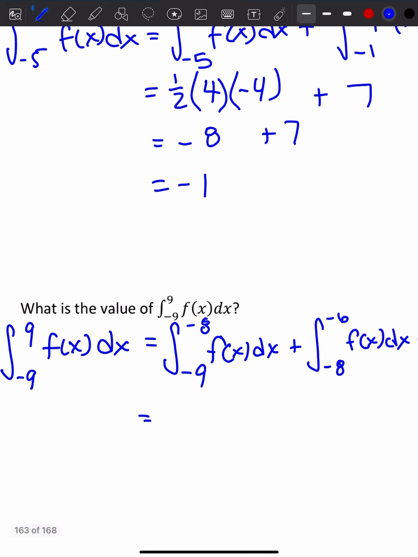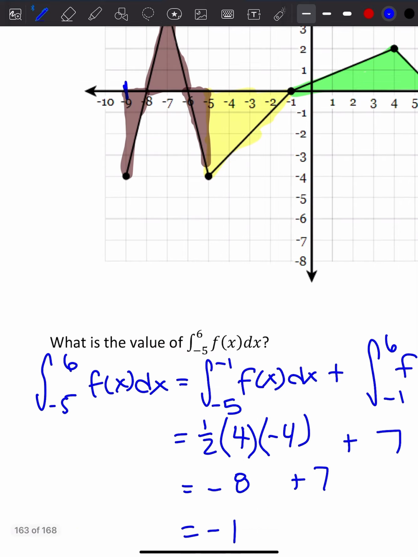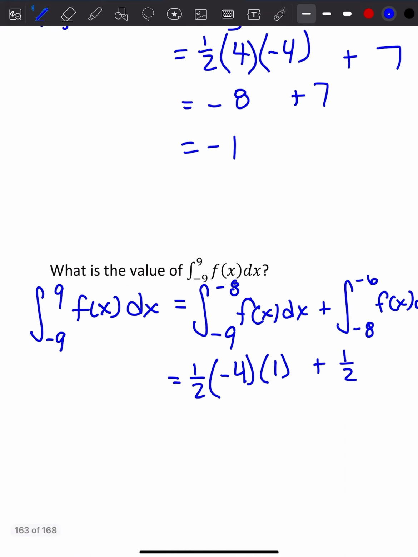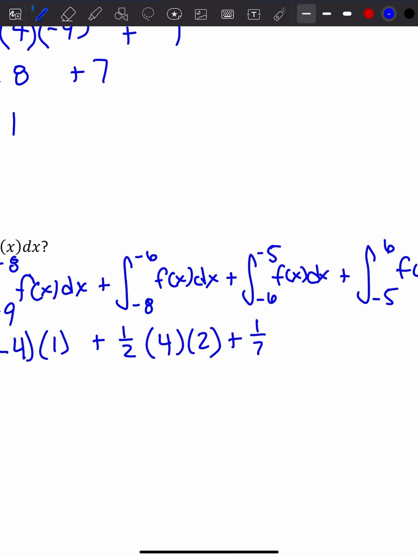So we have 1/2 times negative 4 times 1, plus. We know we have another triangle, so I have 1/2. So our base is 2 and our height is 4. We have negative 6 to negative 5, which is going to once again be 1/2 times.